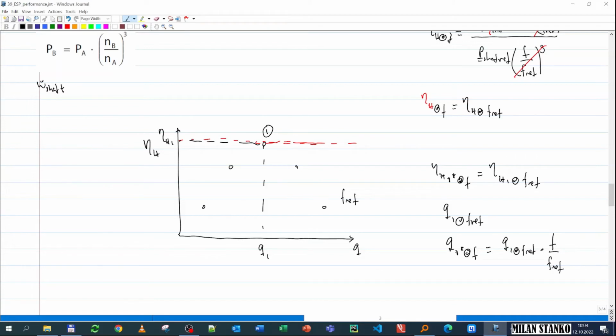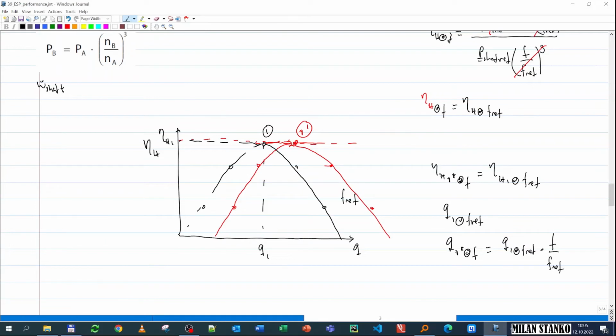Okay, so that means at that point, if my frequency is higher, then that point will move horizontally, and you will find here a new point called 1 prime. And the same thing will happen with all the points. You have here another point, another point, and one more and one more. And what happens is that the efficiency curve just shifts to the right if the frequency is higher, or shifts to the left when the frequency is lower.